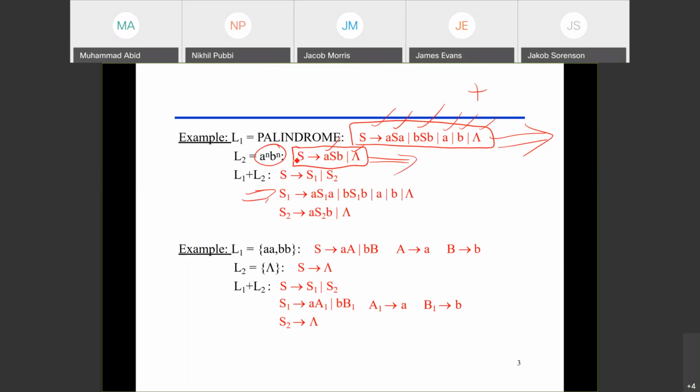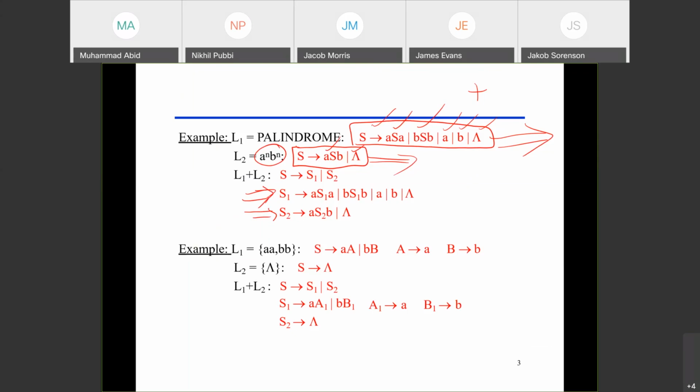Then we write the second language here, and we number all of its non-terminals with 2, S2, S2, and so on. Not the terminals, there is no need to number the terminals, just the non-terminals.